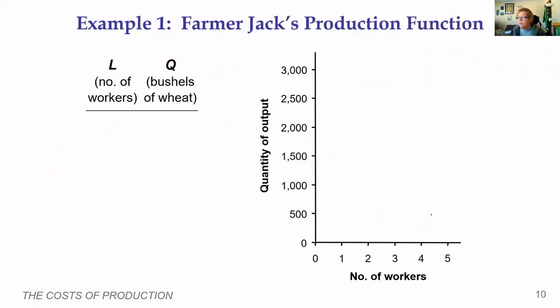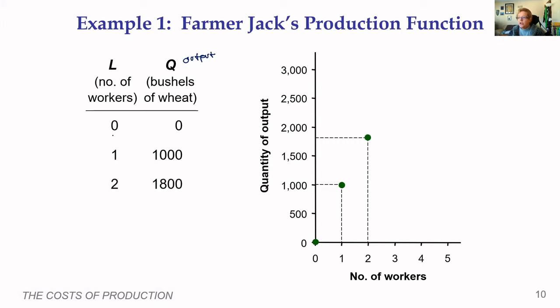So here's an example, and we have the number of workers we can hire, and then their output or the quantity that we get from them. No workers, no output. So there you see the green dot at the origin of the X and Y axis. We can hire 1 worker and they'll give us 1,000.